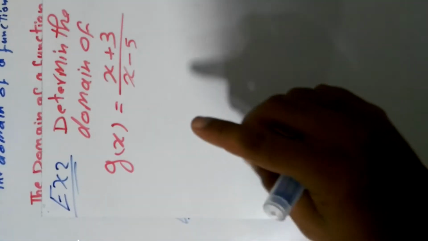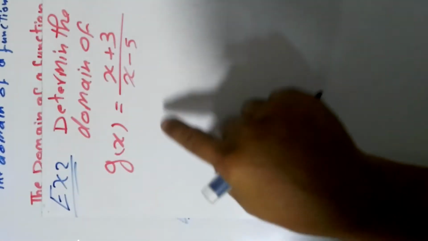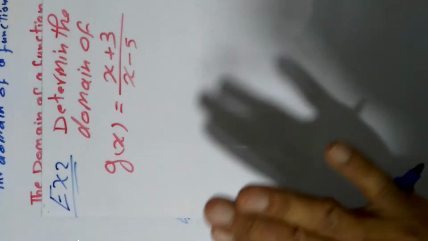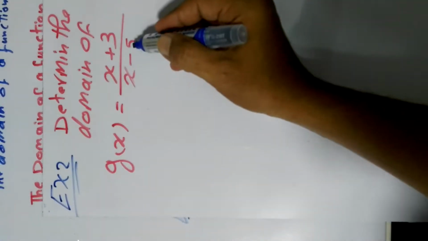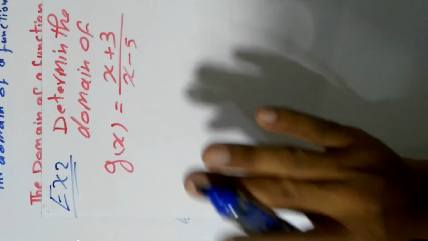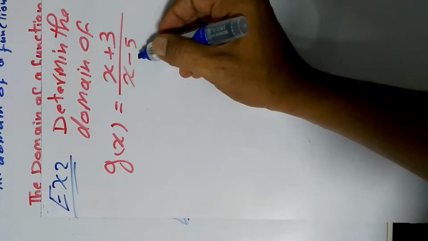So you're looking for which value you put in here makes it not real, so you can put it away. Since this is a rational function, a fraction, the denominator must not equal 0, because if the denominator equals 0, the whole value will not be real.